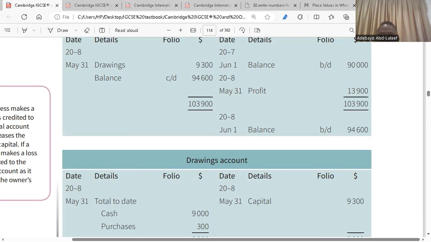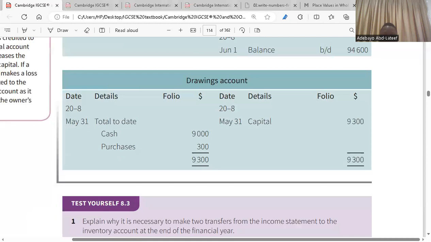You write capital, because it's part of the capital that has been withdrawn. So on the credit side of your drawings account, you have capital for 9,300. Then cash was taken, 9,000, and goods from stock, 300. They said goods were taken for personal use by the owner, 300. So 9,000 for cash and 300 for goods. That is how we got our 9,300.